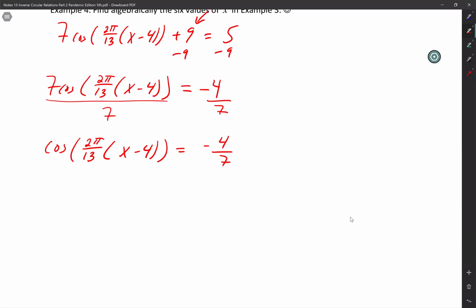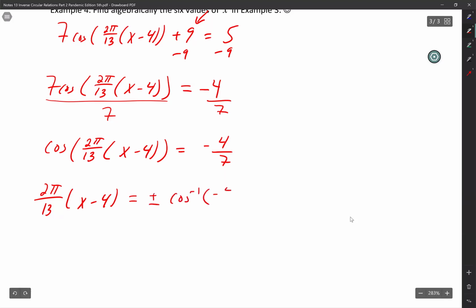So I'm going to get rid of cosine by doing the inverse. So here we go. 2 pi over 13, x minus 4, close. And you no longer need two parentheses because that's all you have there now, equals. And instead of just writing arc cosine, I'm going to put plus minus arc cosine of whatever you have on the inside, 4/7, plus 2 pi n.